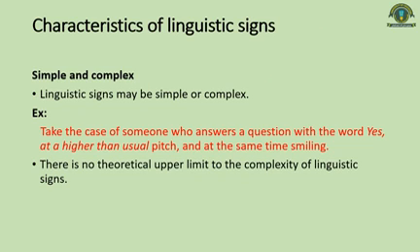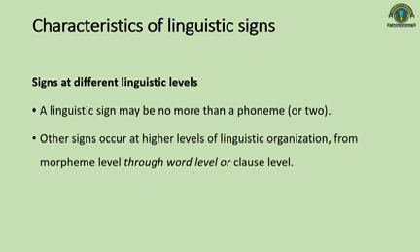Okay, now we'll talk about the characteristic of linguistic signs: signs at different linguistic levels. A linguistic sign may be no more than a phoneme or two phonemes, and this is one interpretation. Take one example of the SL sound.